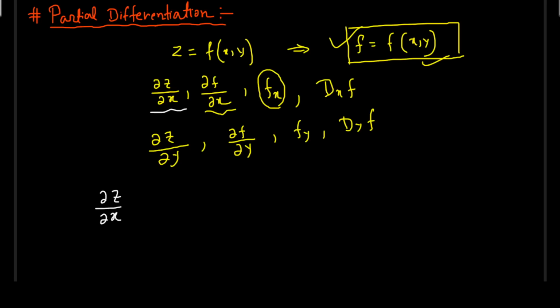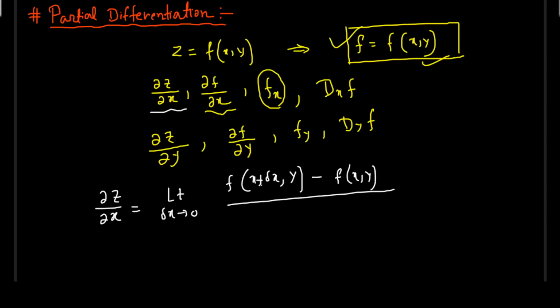The partial differentiation del z upon del x is nothing but the limit as del x tends to 0 of f of x plus del x, y, minus f of x, y, divided by del x.